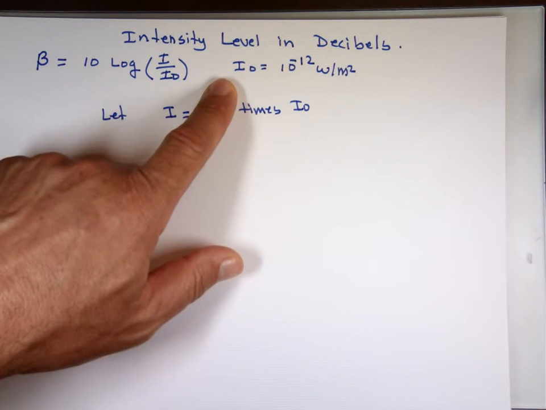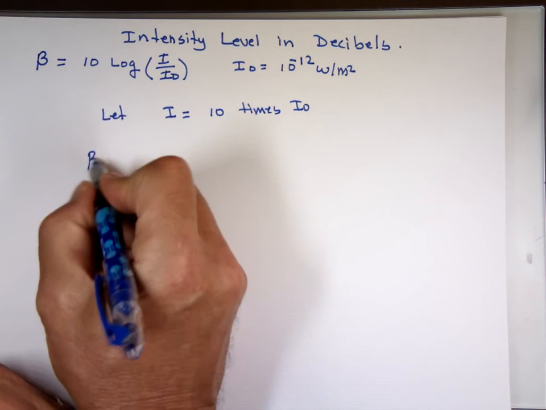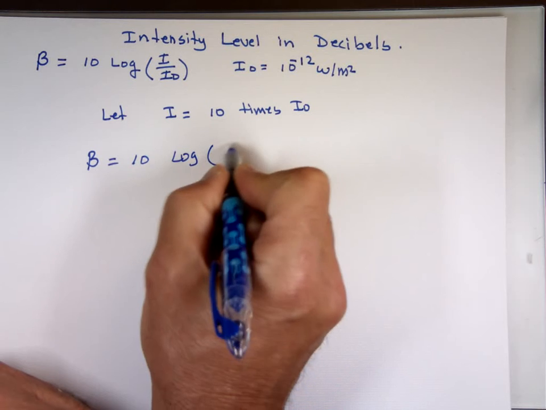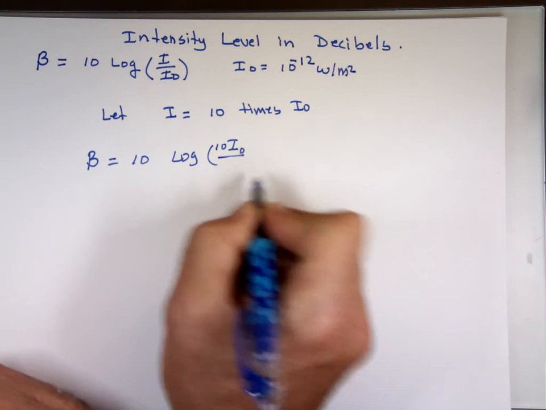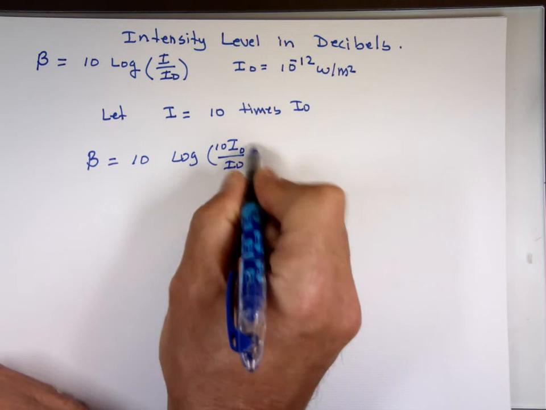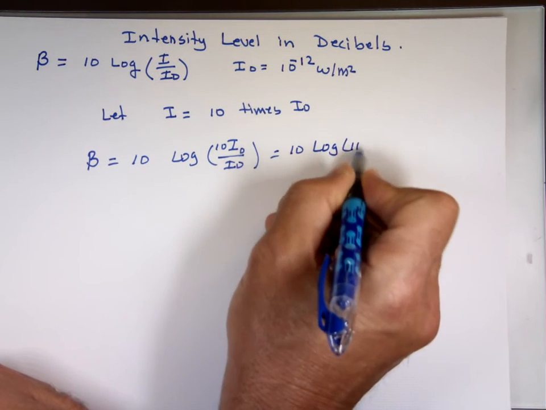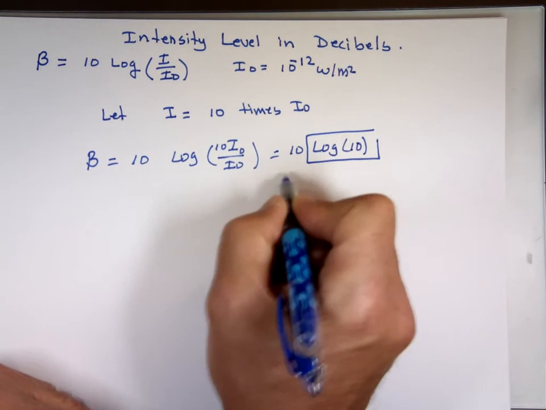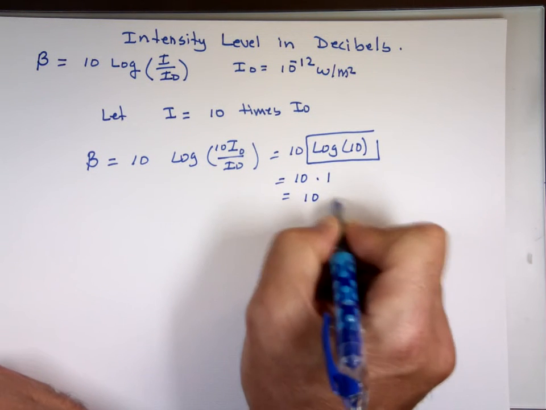Then in decibels, that value is going to be 10 times the log of 10 I sub 0 over I sub 0, which is 10 log of 10. The log of 10 is 1. So 10 times 1 is 10 decibels.